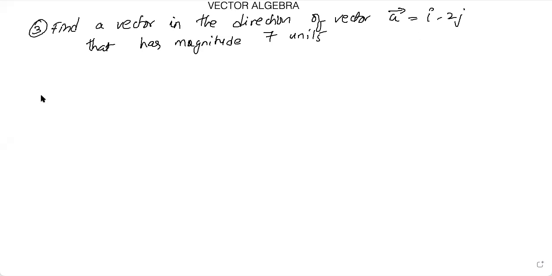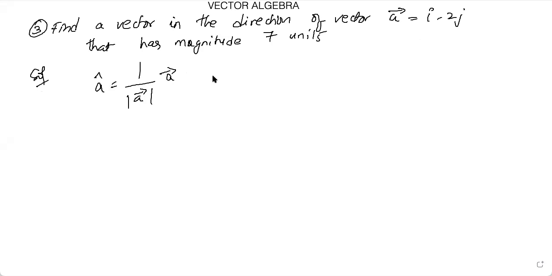Find the vector in the direction of the vector i minus 2j, that has got the magnitude of 7 units. So let us solve this. Now the unit vector, which is a cap, we know the formula, that is 1 by mod a into a.